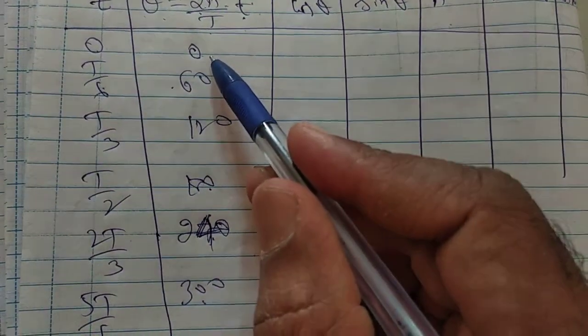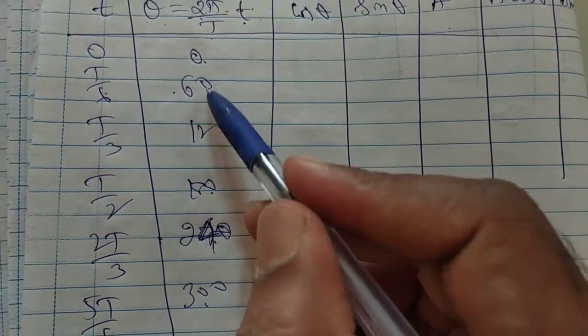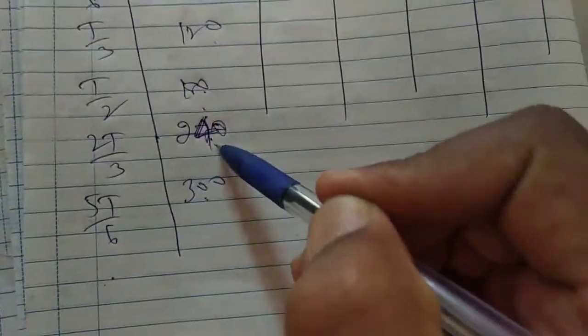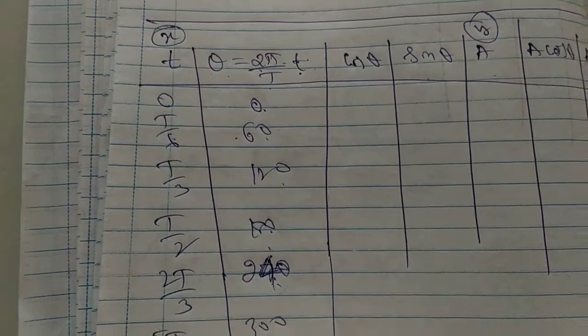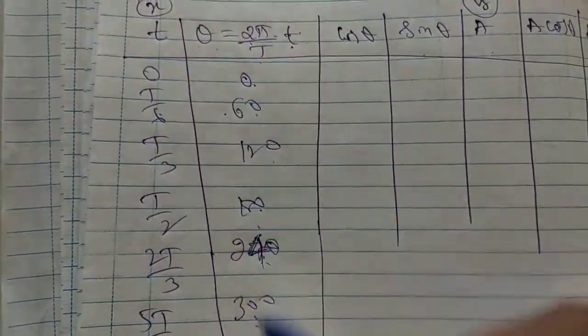So they are multiples of 60: 0, 60, 120, 180, 240, 300. Then for t equal to T, it becomes 360 degrees, meaning the first value and last value are the same, so that's why we are not writing the last value.